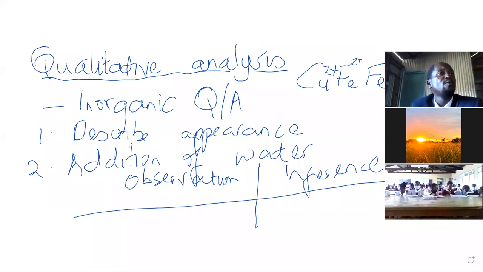Now, addition of water. What are the possible observations? The first observation, which is a marking point independent, is whether or not the solid dissolves in water. So that statement earns a mark on its own. Solid dissolves in water. Then you follow with the phrase to form either a colorless solution or a colored solution, a green solution, blue solution, brown solution.